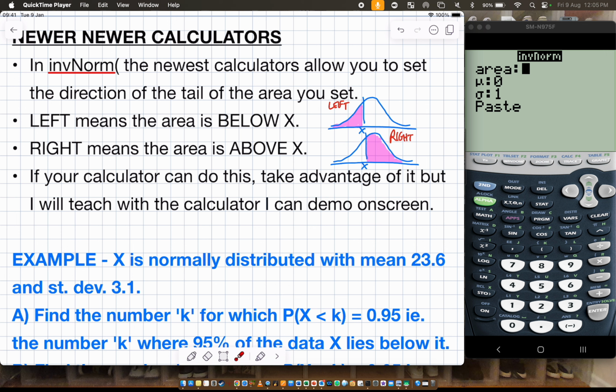But because your calculator isn't as new as theirs, and your tail is always to the left, how do I work out what number does 40% of the data lie above? We can't do that, but you can think about it. Because if 40% of the data is above something, what percentage is below it? 60. So you can just do the same. We have to do an extra step of thinking. They can set it to right. Okay? So let's do an example.